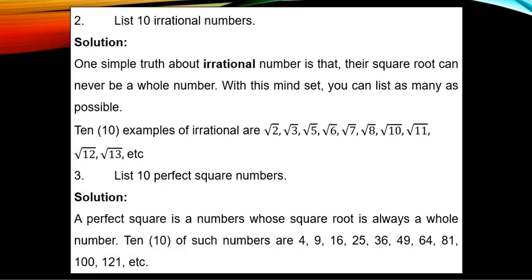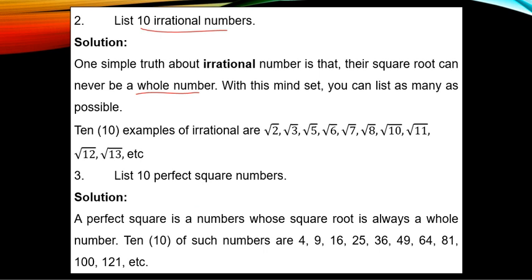Number 2, list 10 irrational numbers. One thing you should note is that an irrational number is a number whose square root can never be a whole number. That is, non-perfect square. With this mindset, you can list as many as possible.